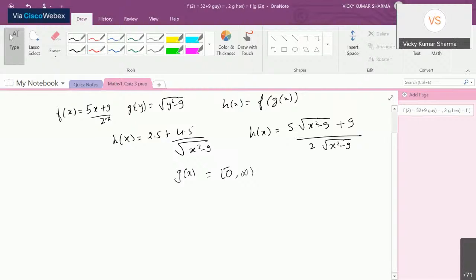So this 0 to infinity as an input is going to the domain in h of x. Now I am trying to see, within 0 to infinity, what values create a problem for f of g of x. I find 3 as a point where this h of x has a problem.